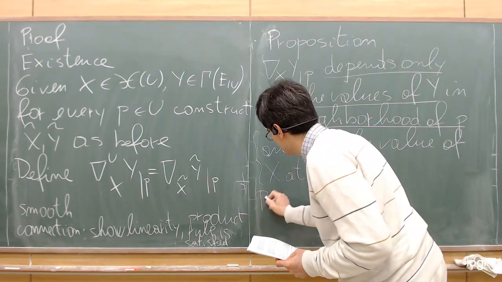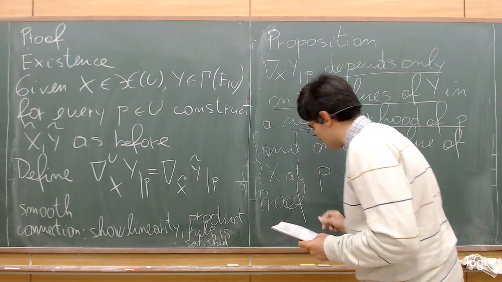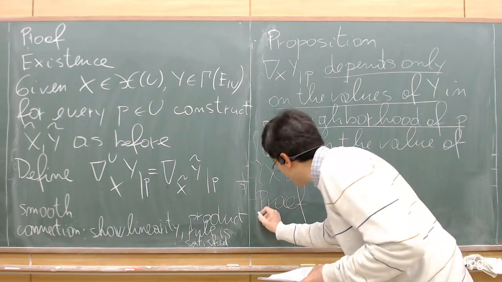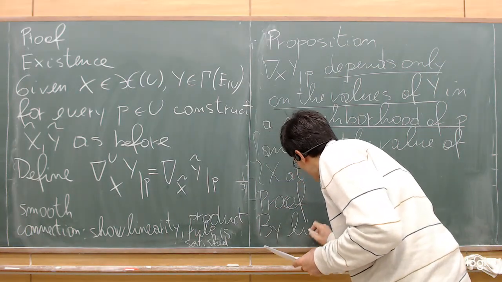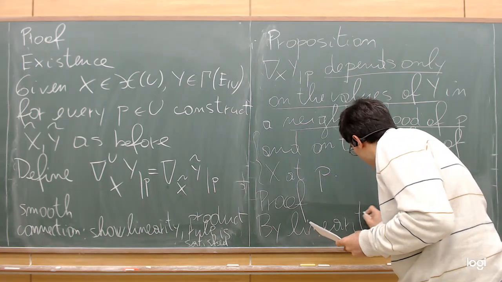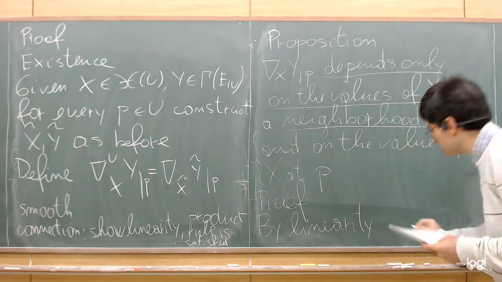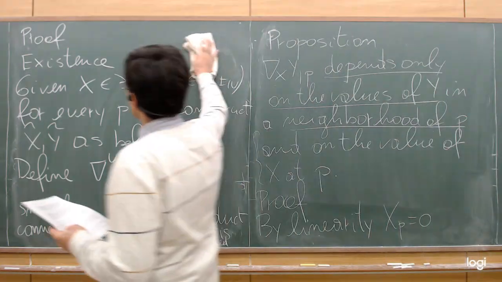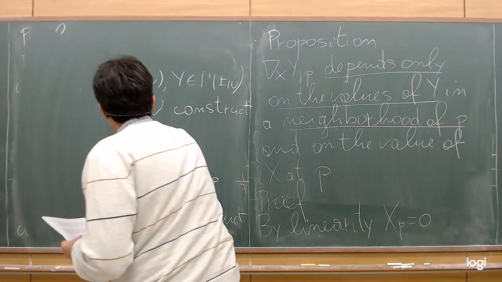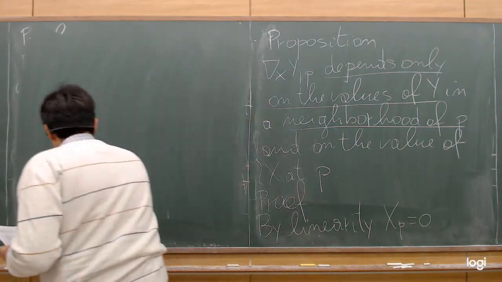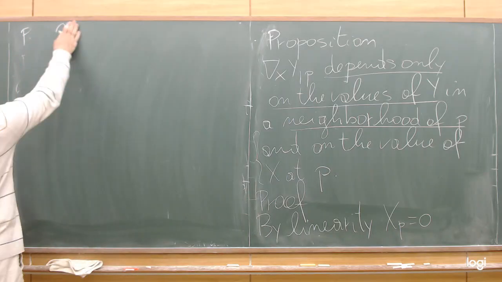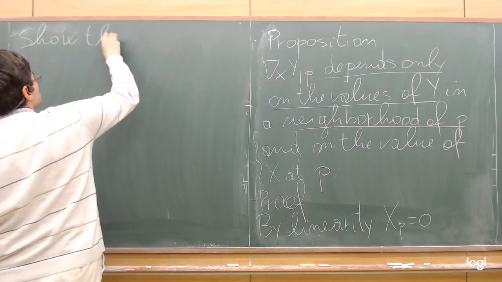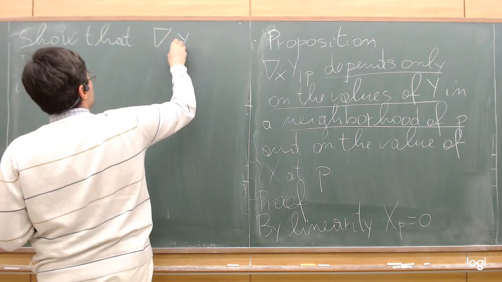So how to prove it? By linearity, I can assume that x at P is 0. And what I have to prove is that this is 0.